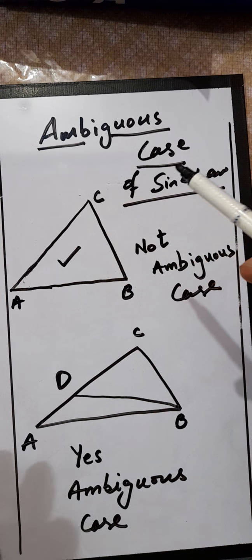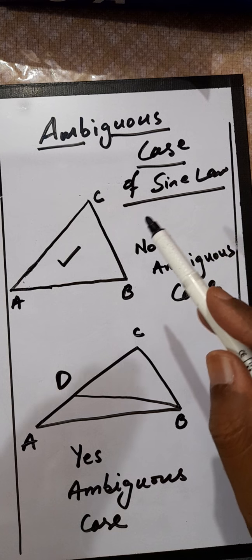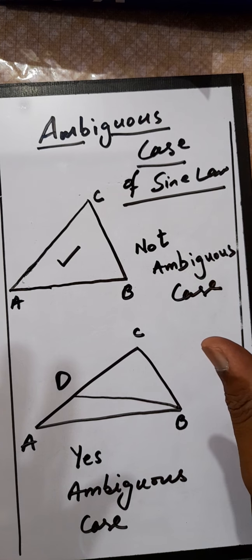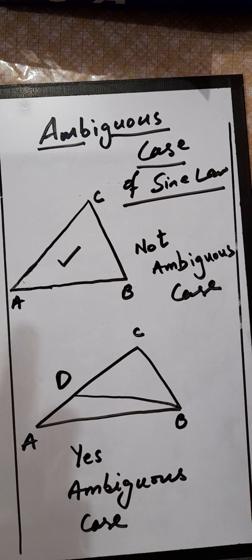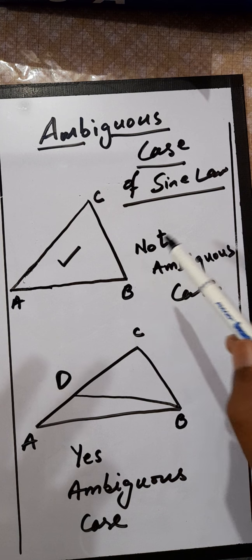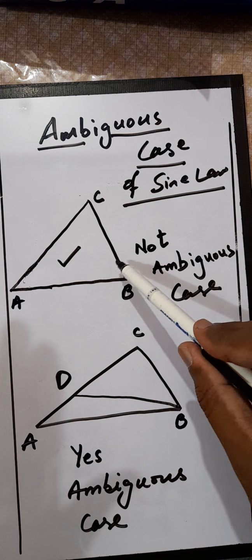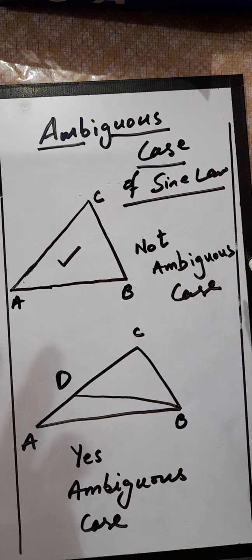Okay, and when we can draw a triangle like this, you can see that it is a simple one triangle, and if we construct a triangle like this, it is not an ambiguous case.